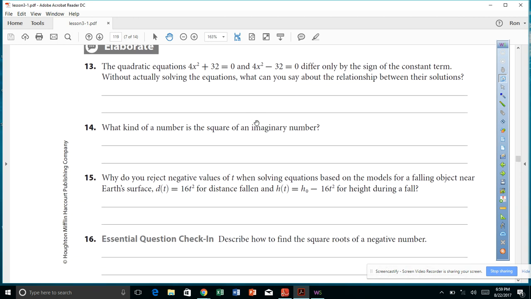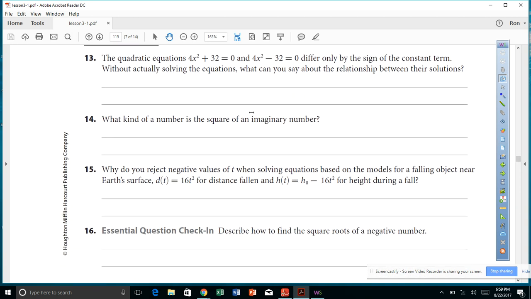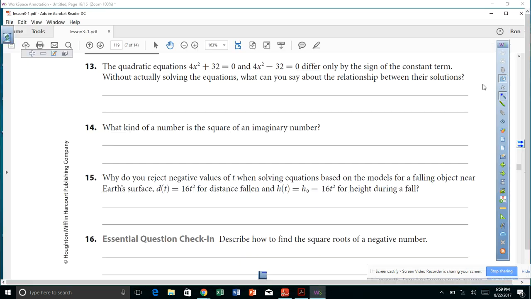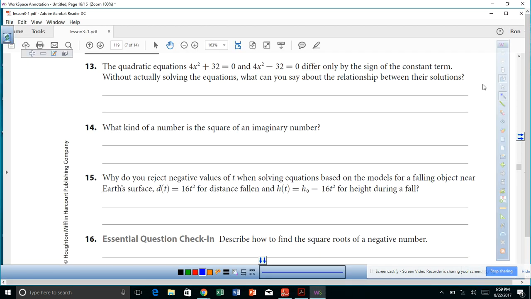Elaborate. The quadratic equations 4x squared plus 32 equals 0 and 4x squared minus 32 equals 0 differ only by the sign of the constant term. Without actually solving the equations, what can you say about the relationship between their solutions?